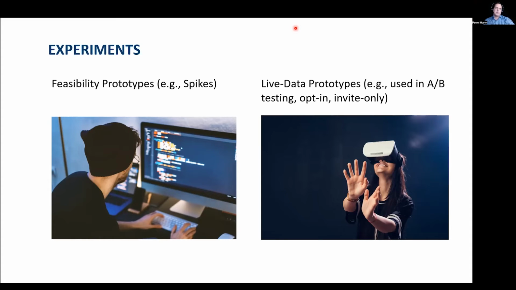We can skip advanced testing, we can skip scalability issues, we can skip internationalization, so it can be only in English, for example. Also performance is not that important. We just want to test some part of the application. So create this prototype, but it must be working with the real production data, so that we can generate real data and then use analytics to compare the current product with the new version.